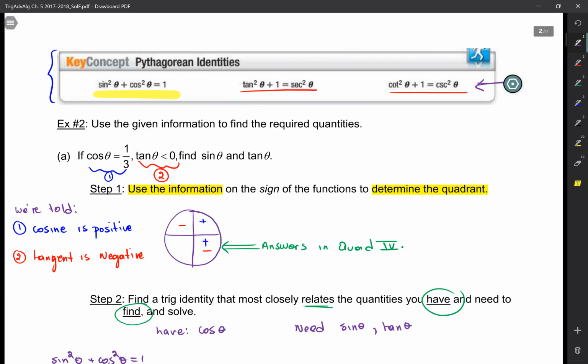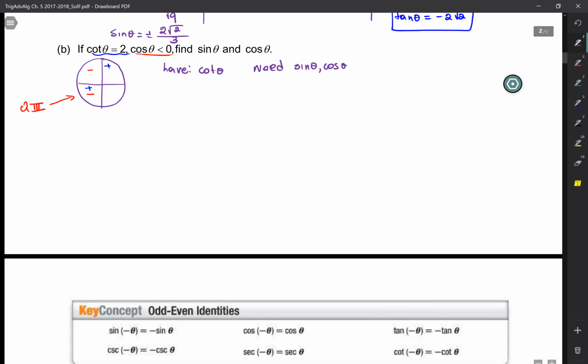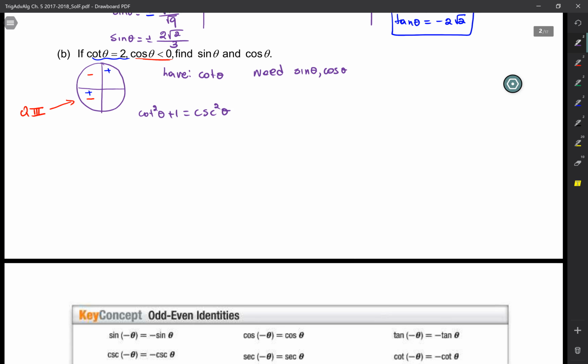It's just 1 over sine, so we're going to use that one. So cotangent squared theta plus 1 is equal to cosecant squared theta. Okay? I'll give you these. All right, so what do we put here? Cotangent squared, what are we going to put in? 2 squared plus 1 equals cosecant squared theta. That's a 5.